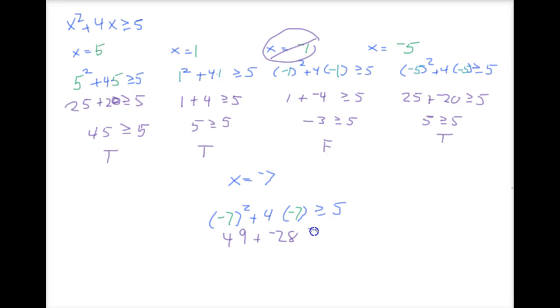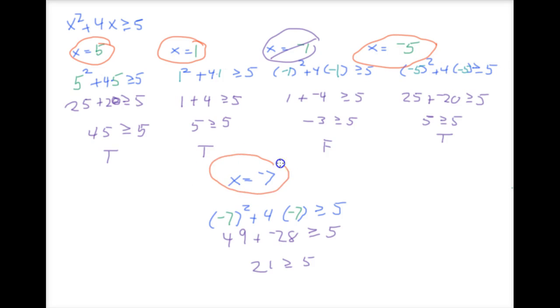Even if I didn't know what it was, right off the top I can see this is much larger than 5. 21 is greater than or equal to 5. So I have true statements, wonderful true answers. We're going to use red. True for x equals 5, x equals 1, -5, and -7. Yay!